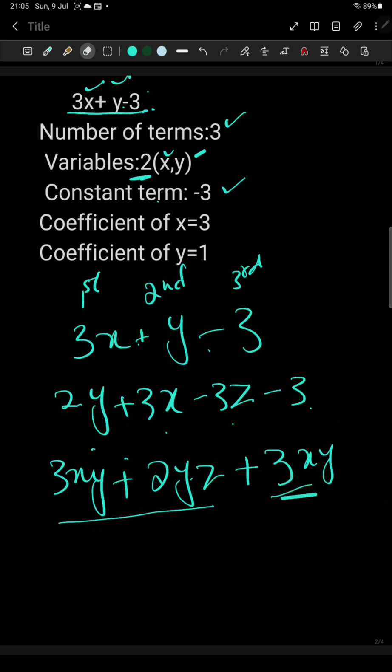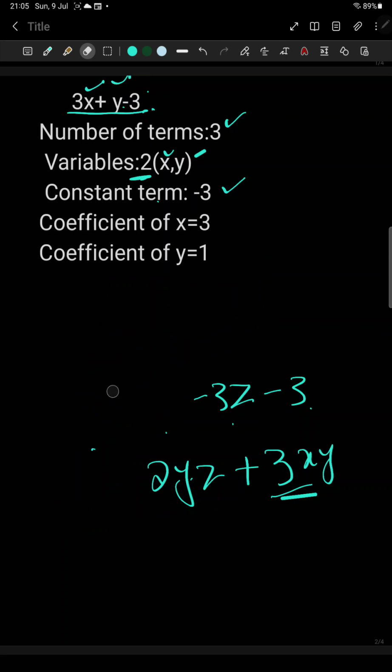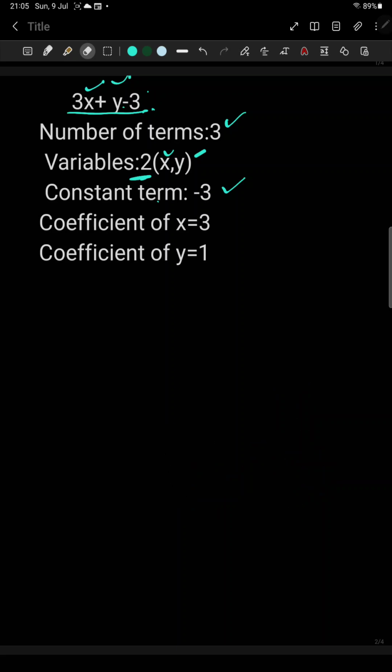In this way we count the number of terms. Now the next important thing is the coefficient. What is the coefficient? Coefficient is along with the variable. For instance, I will write 3x. X is the variable but 3 is the coefficient. So the coefficient of x will be 3.